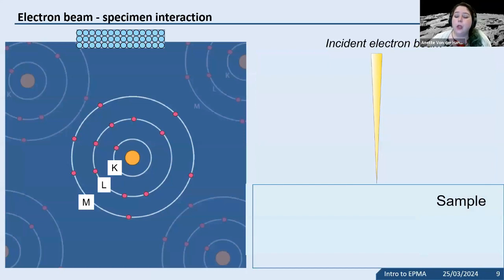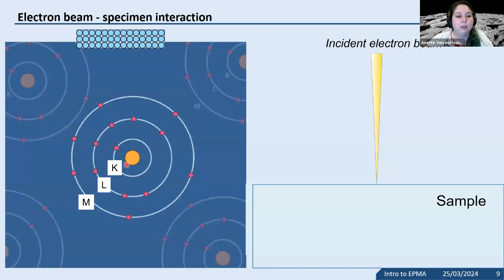Okay, so again, to understand how this technique works, a little bit on how we generate X-rays. Here on the left-hand side, this is supposed to be a sample consisting of various atoms of different elements.